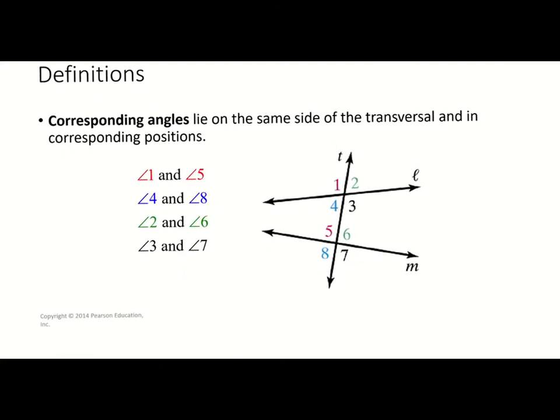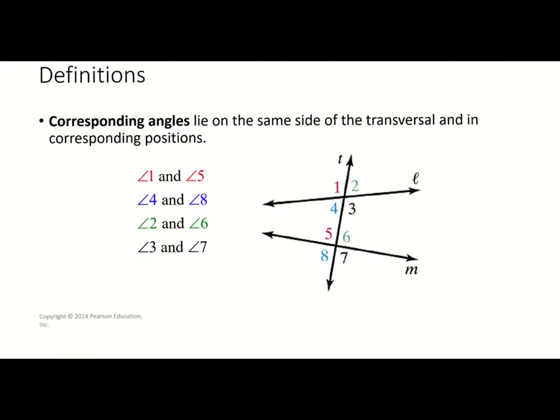All right, now we're going to talk about corresponding angles. I want you to imagine if we were to take our two lines cut by a transversal and cut it through the middle there.